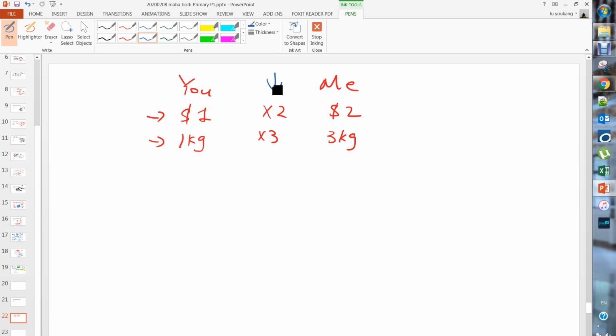Now when you reach P6, you need to learn algebra. The word algebra means letter and number together.